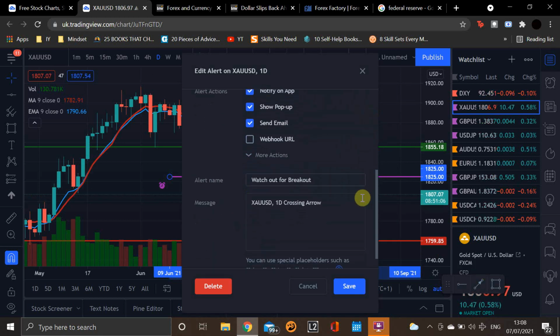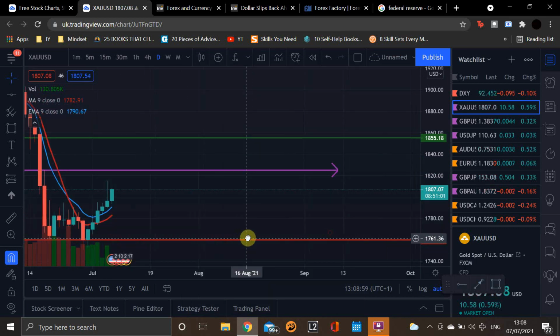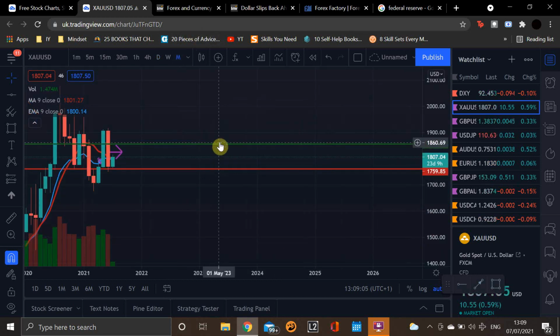Gold crossing. Watch out for breakout. Is that because it's reaching a major level? Not entirely too sure. But the thing is with gold, I really should be marking these major levels.